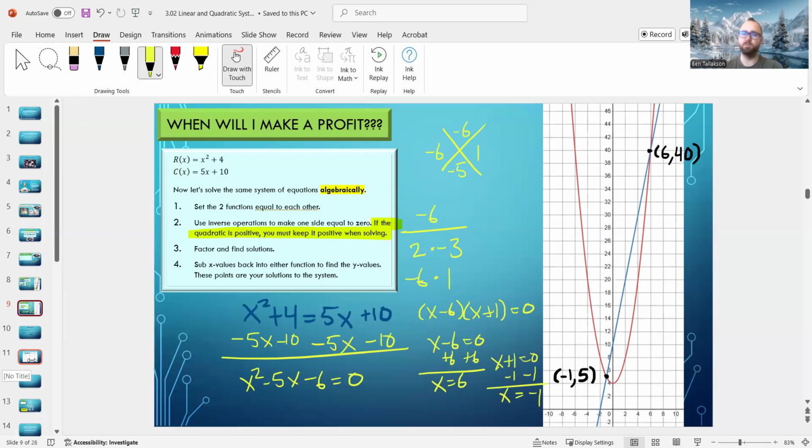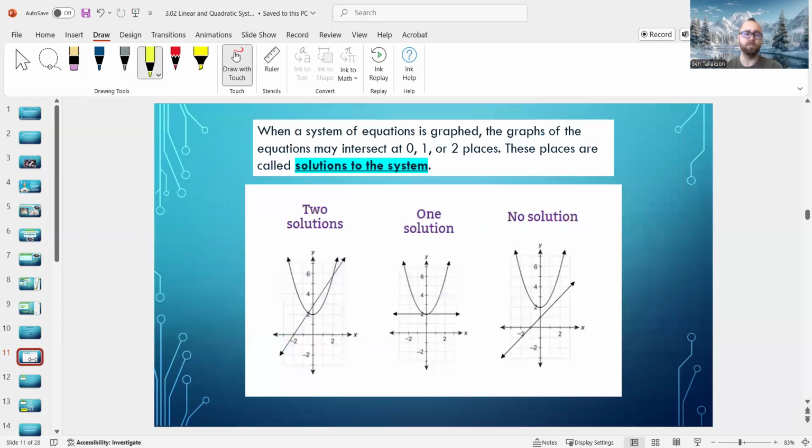What if these lines moved around in different places, different slopes, different y-intercepts? Well, there's different options, and you see them right here. We just looked at a situation where we had 2 solutions, 1, 2. But sometimes there's only one solution if the parabola just comes down, touches the straight line, and loops back up.